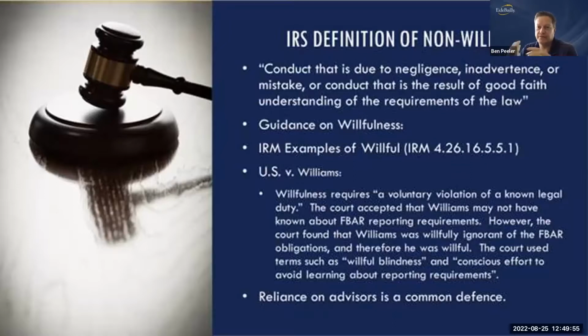You have to get the information together. Records aren't always available or handy. So he waited a while. He filed some returns that had requirements on them, and he knew that they did, but he didn't have the information readily available to do it. And so the court said, you were willfully blind. You didn't know exactly, and your advisors were trying to figure out what you needed to do, but you knew that there was something and you just didn't file it.